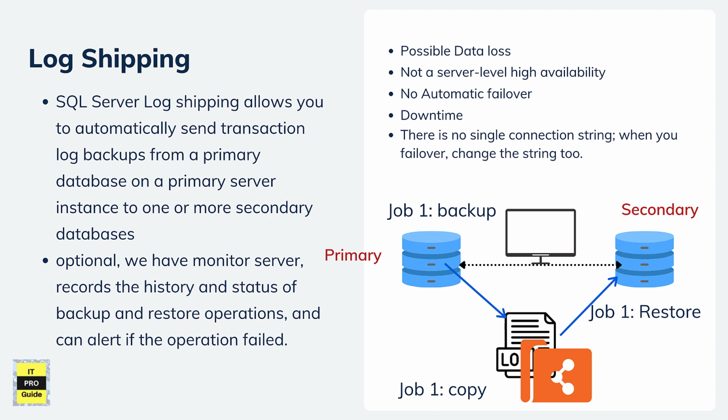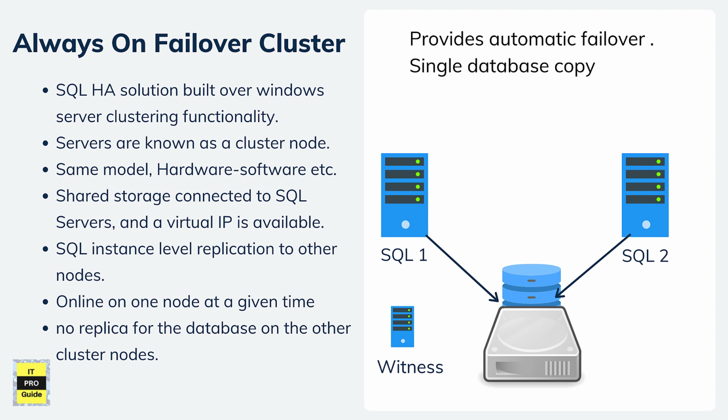This way, whatever the application writes into the primary database is written back to the secondary database. So we have a primary database and a secondary database in this scenario. The first job in the primary database is to back up logs from the database to a shared location. Then the second job is to copy it from the shared location to the secondary database server. Then the secondary database restores these logs into the database. This way we synchronize the data from primary to the secondary, and all these jobs are automatic.